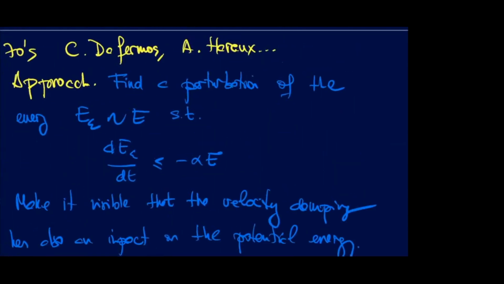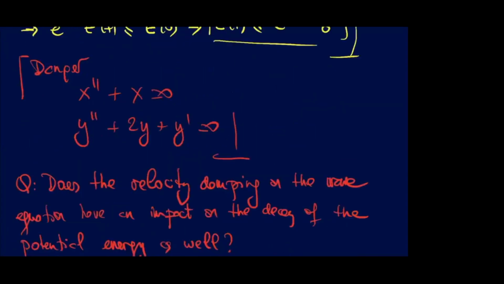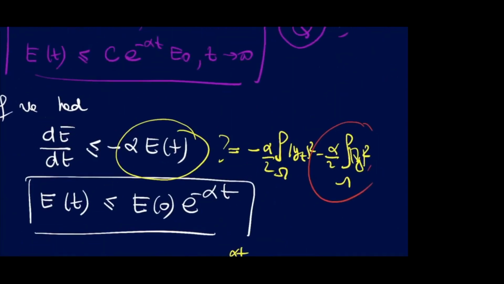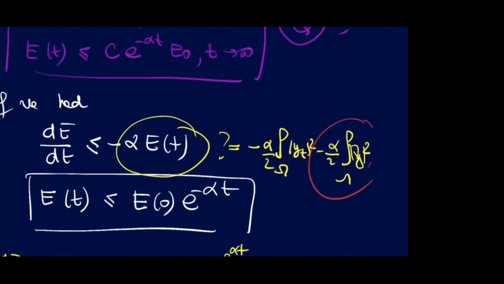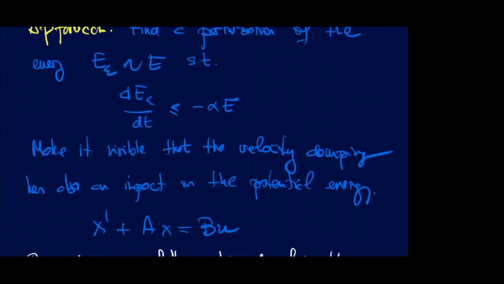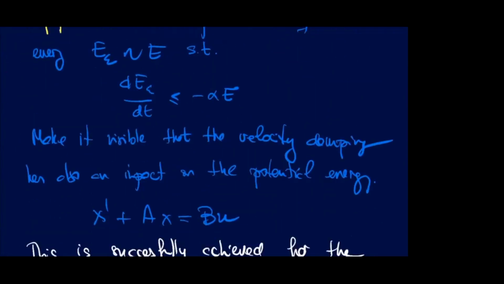The question that was formulated was, if we want to move to the theory of partial differential equations, and be able to handle, for instance, wave equations, Maxwell equations, Schrodinger equations, which are infinite dimensional systems that are conservative, it would be great to have a means to build perturbations of the energy, Lyapunov functions, so that not only you have the dissipation that is completely obvious in the wave equation through the kinetic energy term, but you make also visible the emergence of the potential energy.